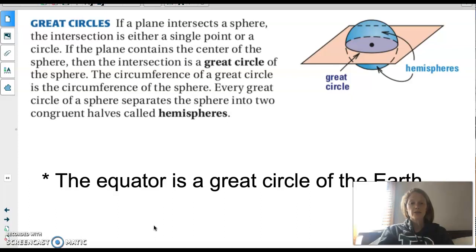A great circle is when a plane intersects a sphere and creates two congruent halves of the sphere called hemispheres. So kind of like the equator of the Earth, a great circle is any place where a plane would intersect a sphere and cut it into two equal pieces.